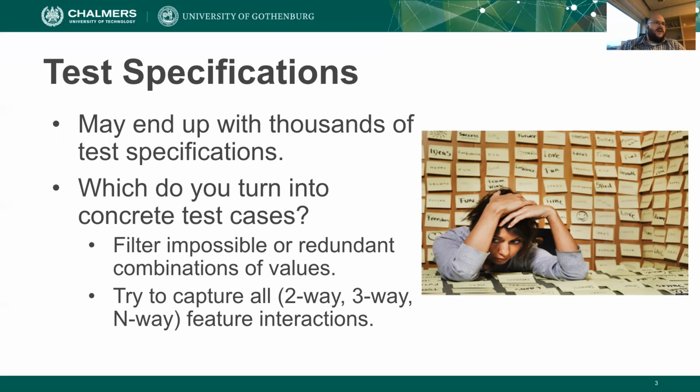So in short, what we're going to look at is how you can filter this list of test specifications to capture the important cases, to capture the ones that can lead to errors or the normal execution, and then filter out impossible or redundant combinations of values.